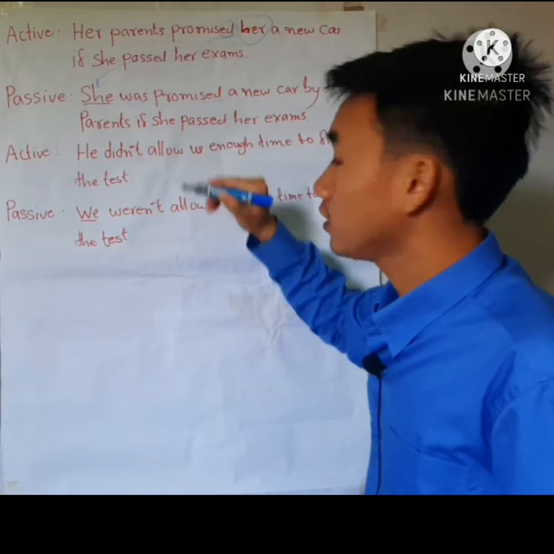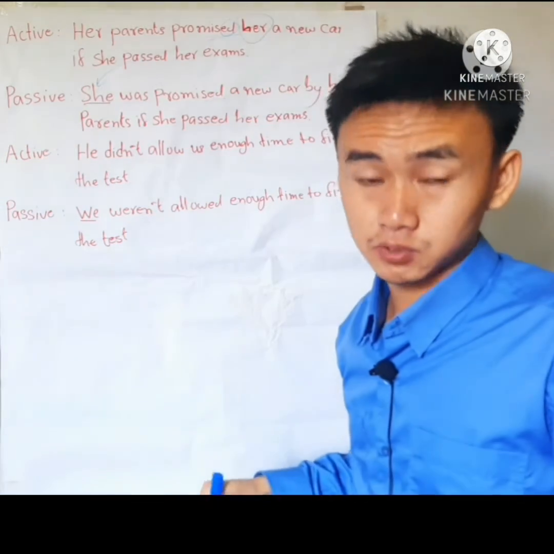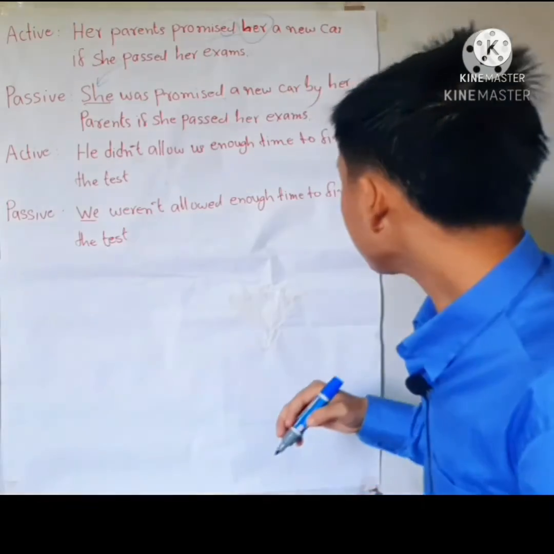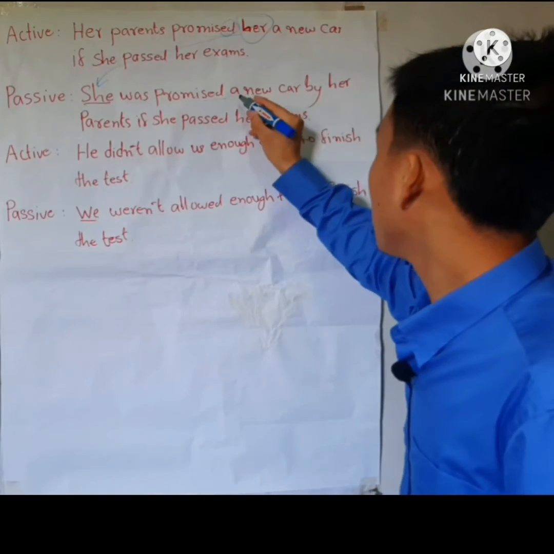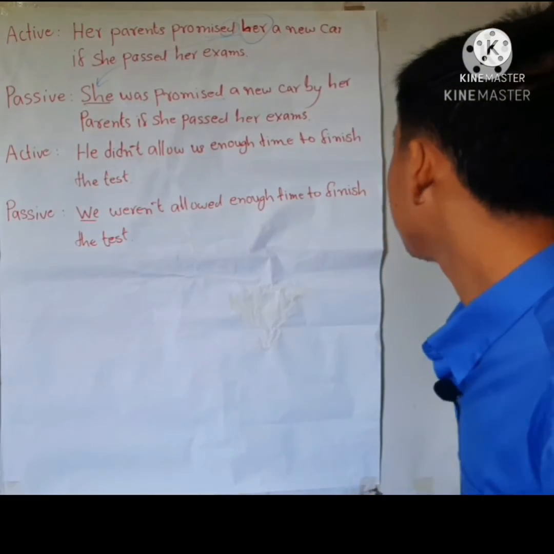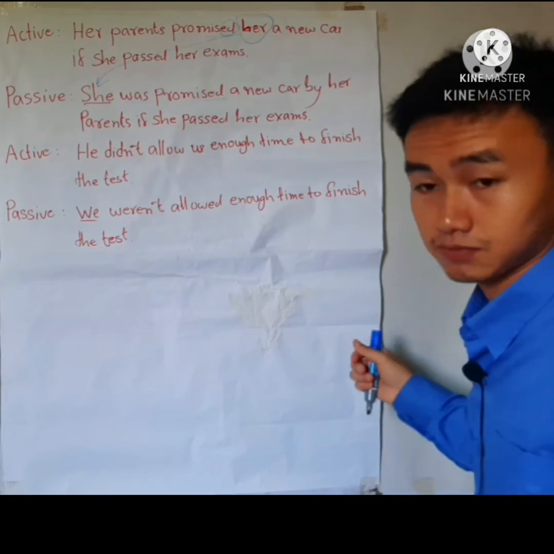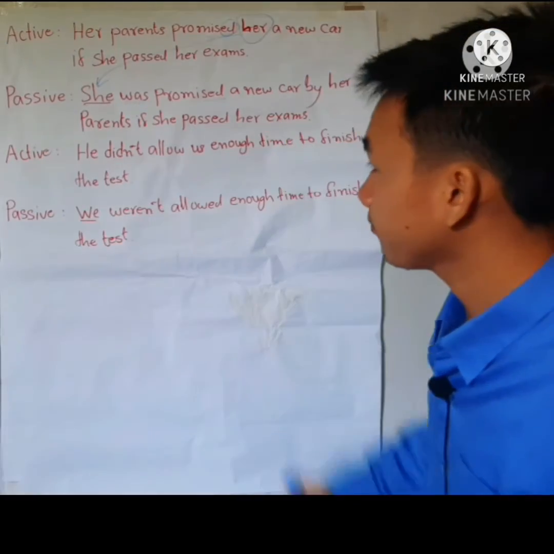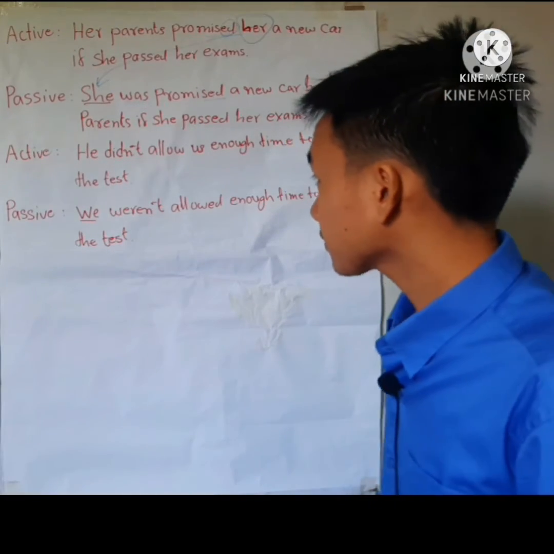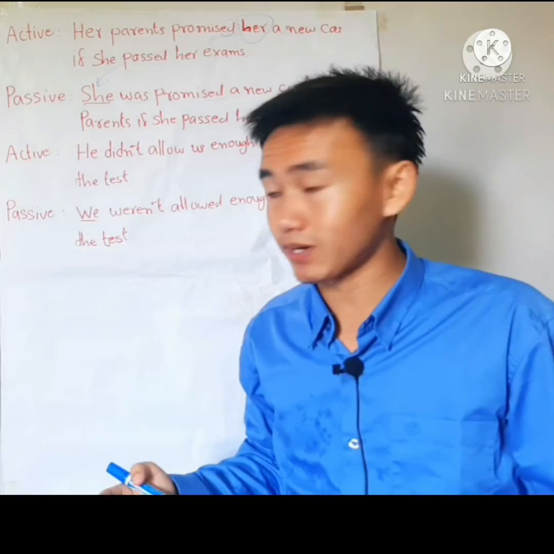And then the past participle. And a new car by her parents, if she passed her exams. This one we didn't change, right? Alright, and let's see the last one.